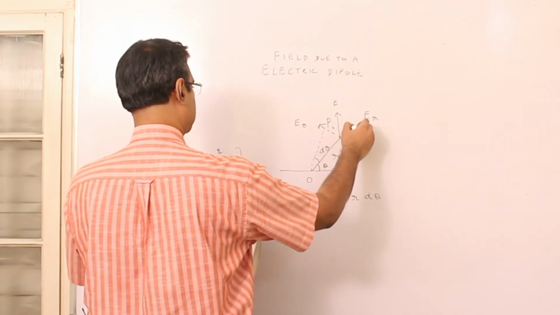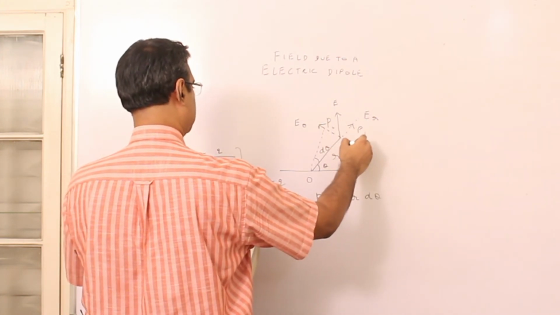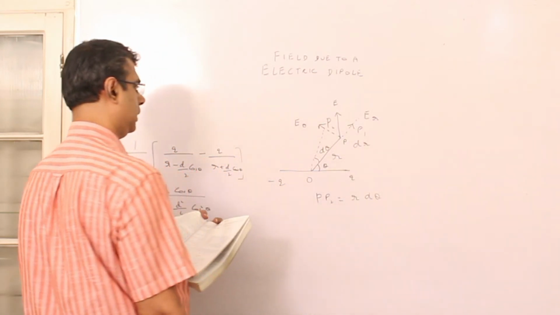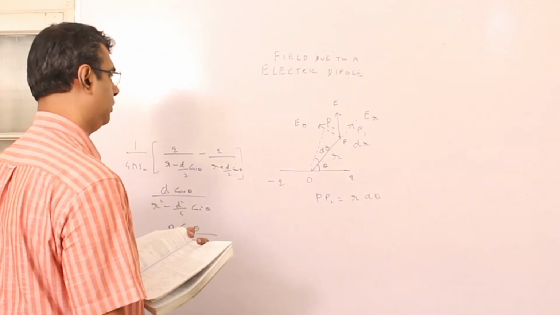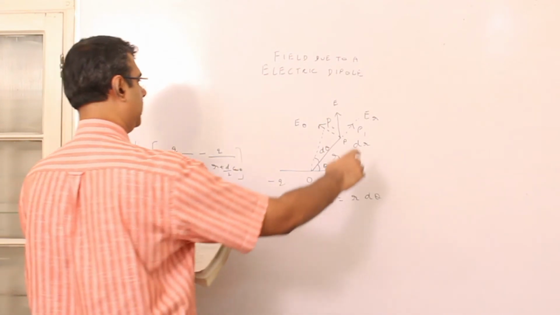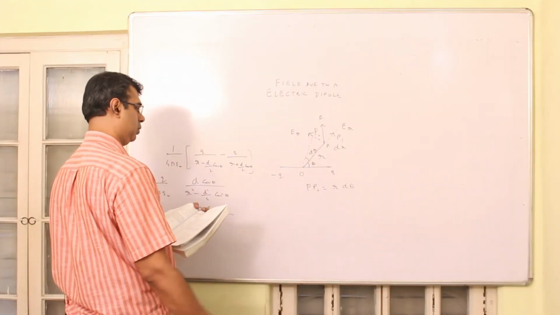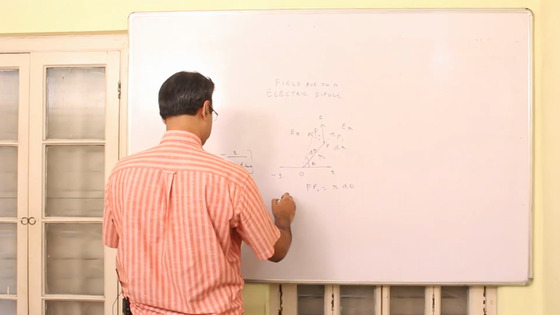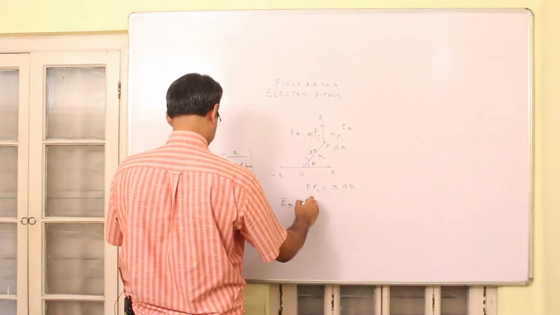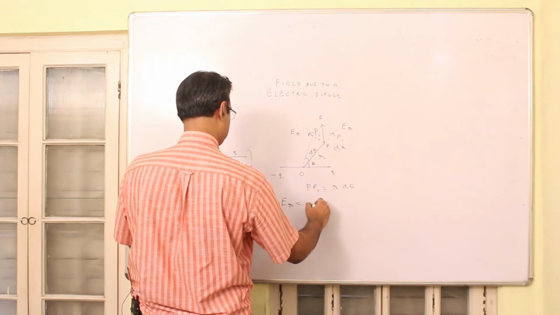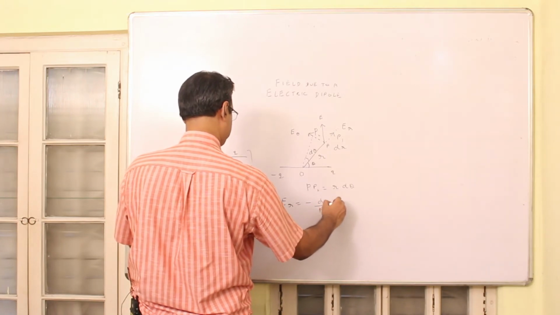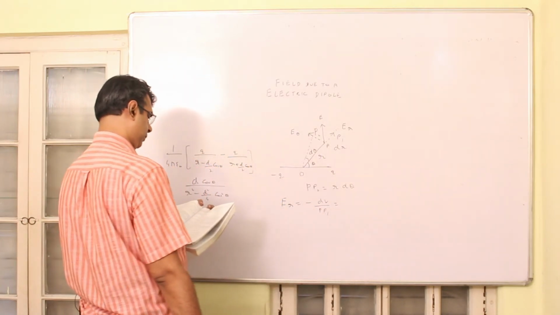Similarly, you can consider a point P1 such that PP1 is dr. Now we will try to find independent expressions for ER and E theta, and then we will combine them to get the resultant.